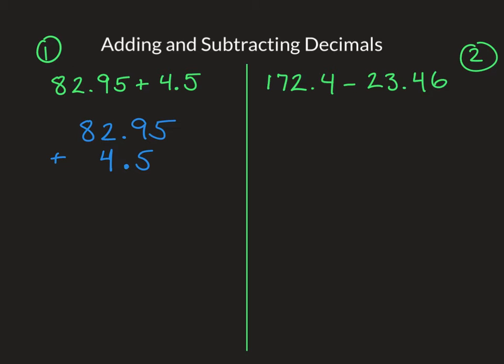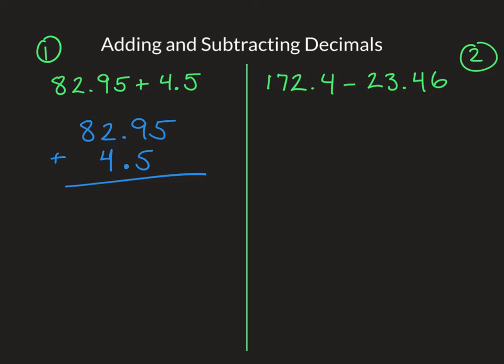So in 82 and 95 hundredths, 2 is in the ones place, and the 4 is in the ones place in 4 and 5 tenths, and then the 9 is in the tenths place, and the 5 is in the tenths place, and those are lined up with one another. So now all that we do is we add like we normally would.